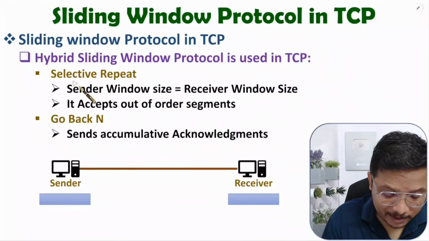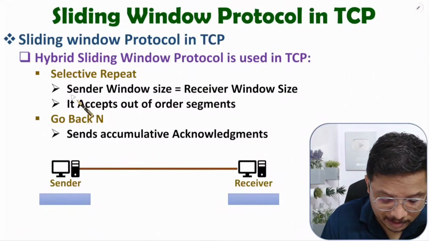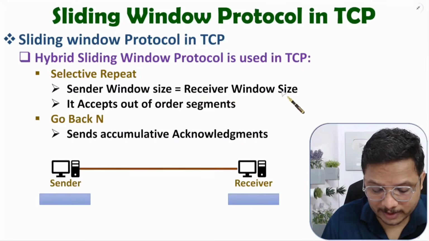If you observe selective repeat, there are a few features you should know. First, the sender window size equals the receiver window size.